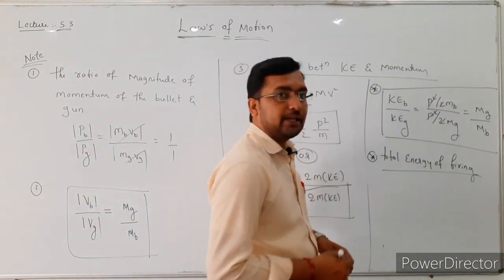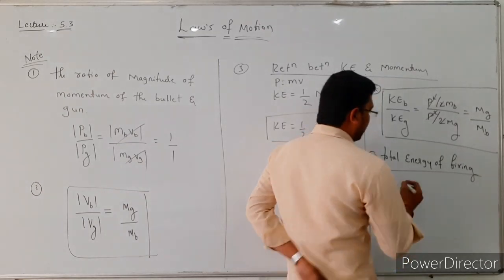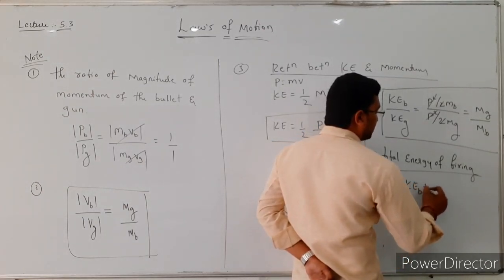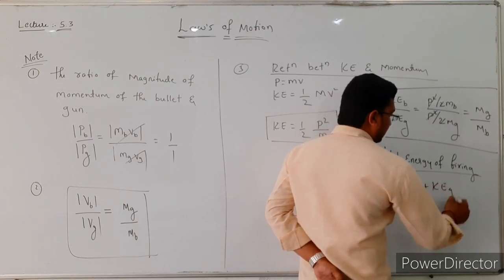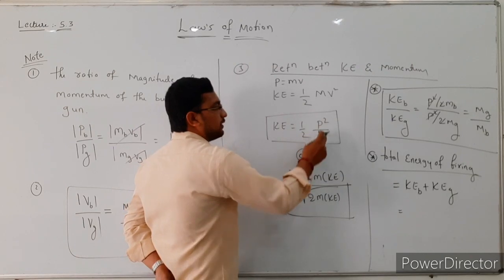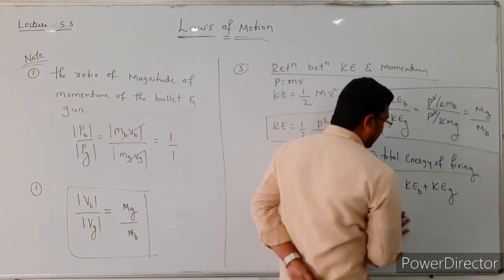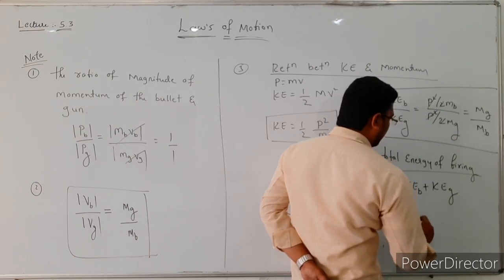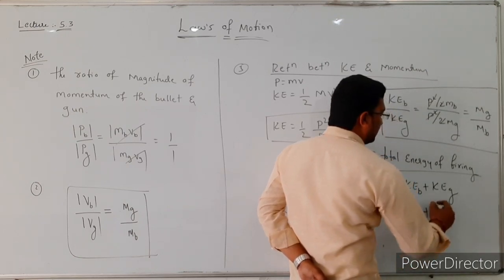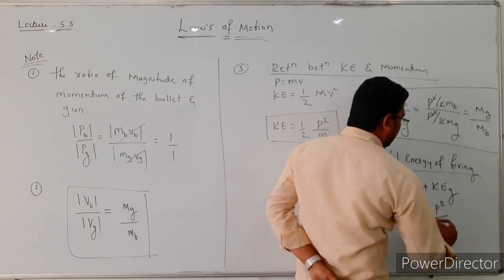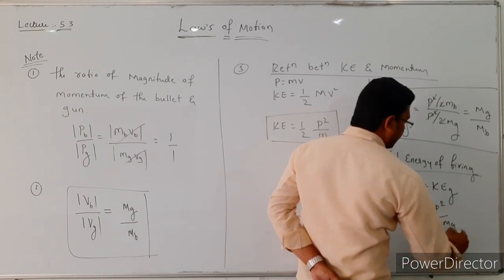What is the total energy of a firing? The total energy of a firing is equal to the kinetic energy of the bullet plus the kinetic energy of the gun. The kinetic energy of the bullet is 1 by 2 p square divided by mass of the bullet, which is p square divided by 2 into mass of the bullet, plus the kinetic energy of the gun, p square divided by 2 into mass of the gun.